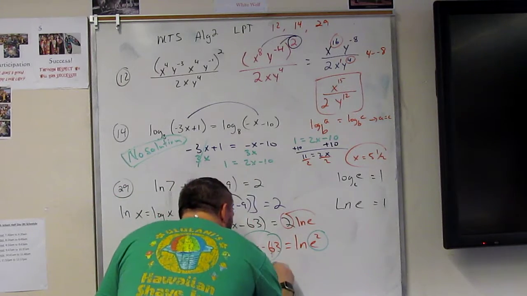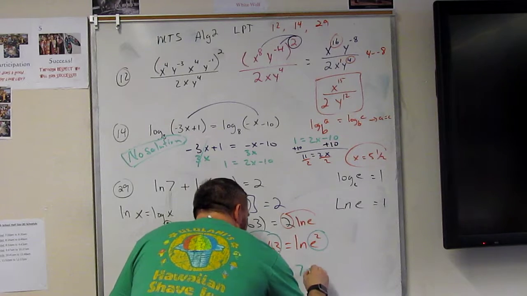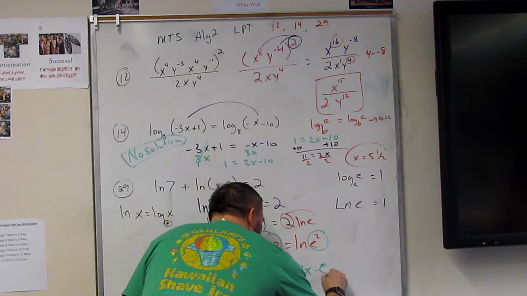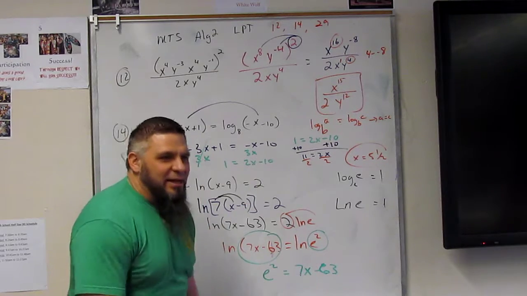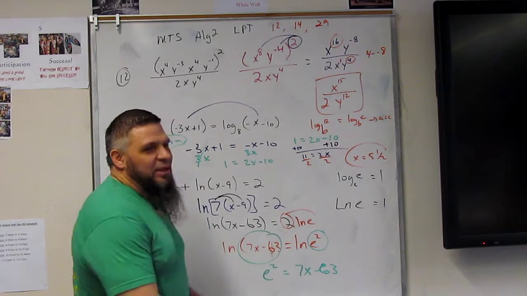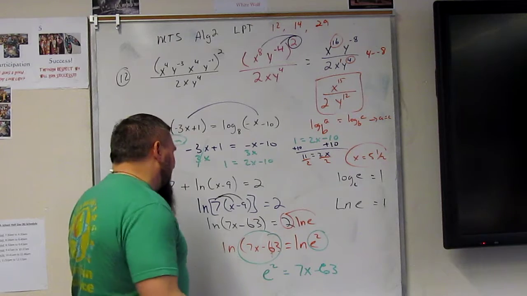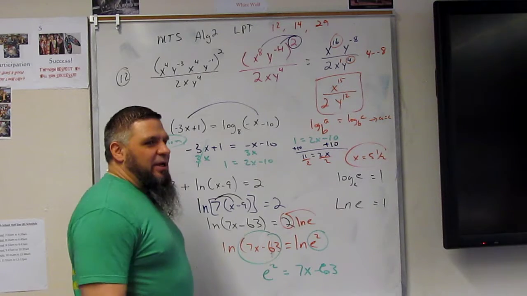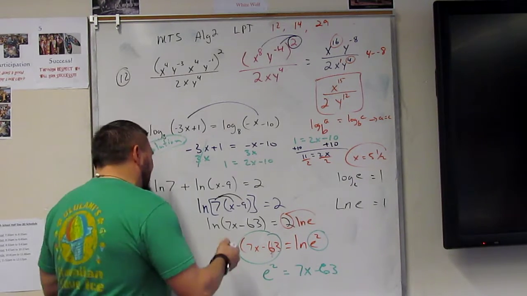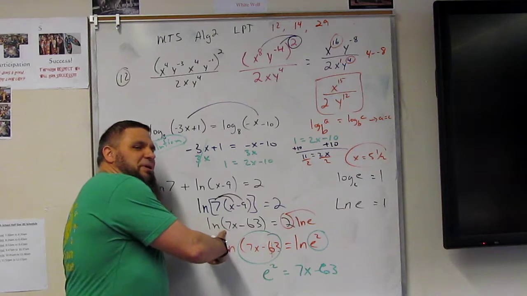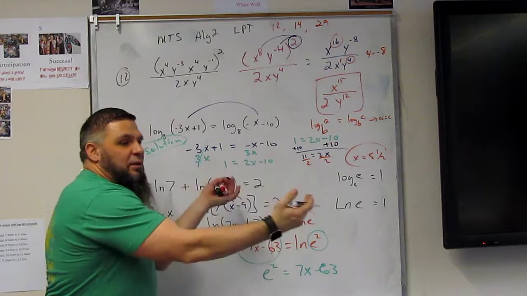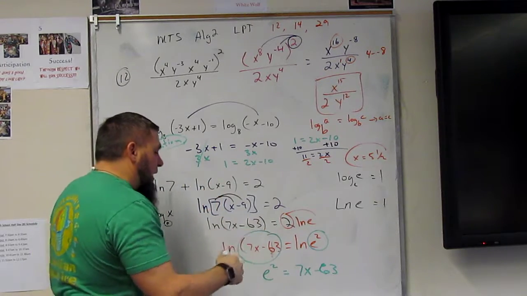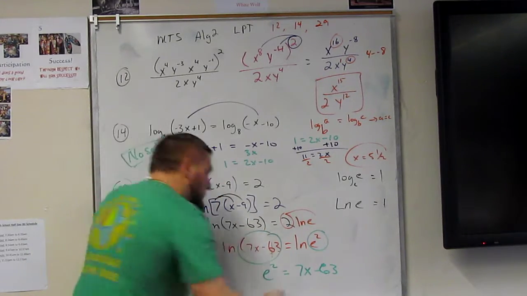So e squared is equal to 7x minus 63. So I still have the same thing, just a little bit more fun way of getting there. I can either throw it into exponential form, or I can change this into a logarithm and then make them equal. Now I just solve for x.